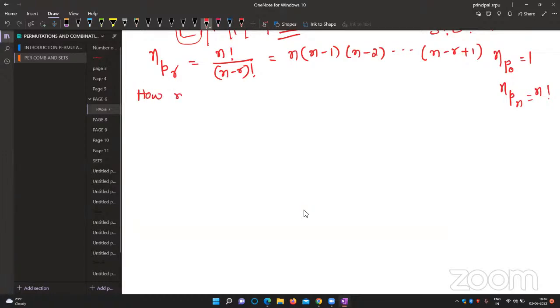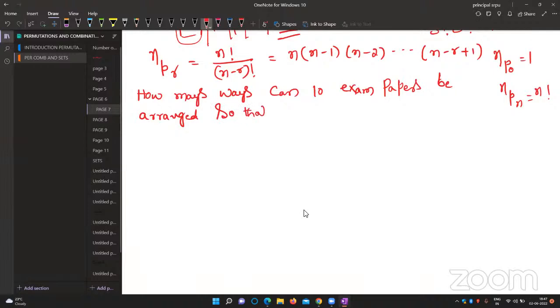How many ways can 10 examination papers be arranged so that best and worst papers never come together?